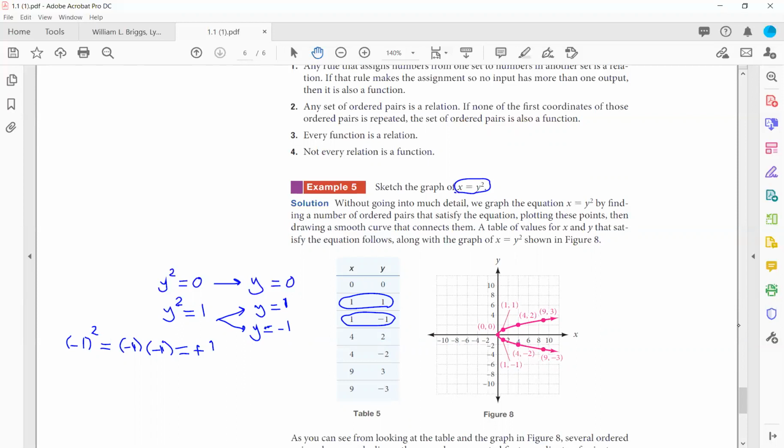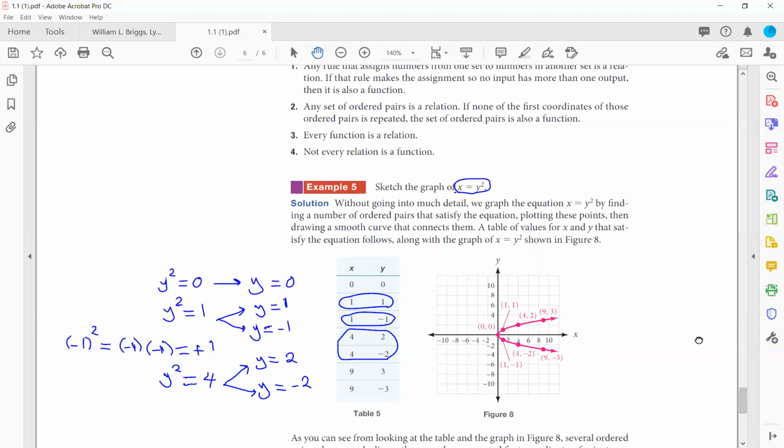Now suppose x is 4. When x is 4, y squared is equal to 4. Again, we have two choices for our y. Y can be 2 or minus 2. So when x is 4, we have two options for our y.